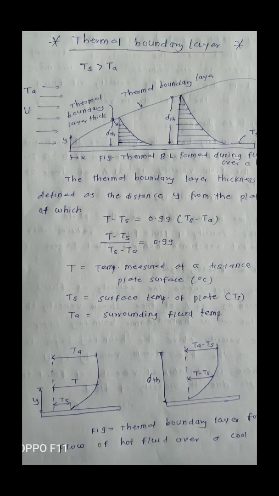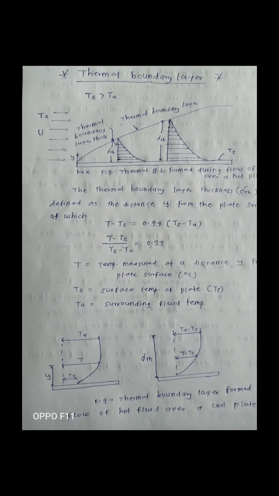In the last lecture we discussed the hydrodynamic boundary layer. In that we discussed the flow of the fluid over the plate, and how the velocity of that particular fluid changes. In this case we now have to consider another factor, that is temperature.